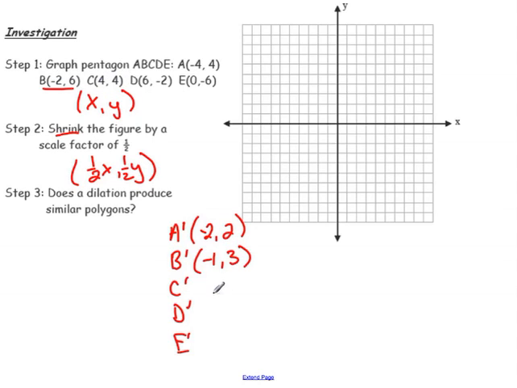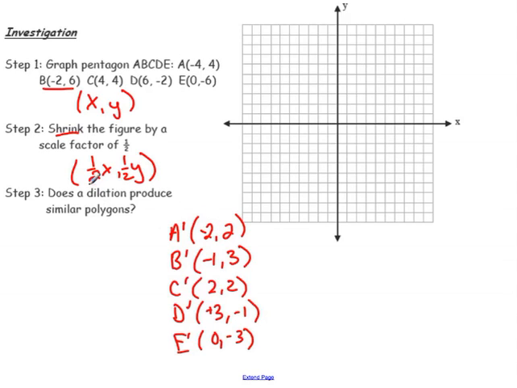This was 4, 4. Half of that would be 2, 2. 6 and -2 becomes +3 and -1. And 0, 6, half of 0 is still 0. -6 becomes -3. When I shrink these, and I draw this, it's just going to be a smaller rendition of the original shape. So we could graph this, and these are going to have the exact same angles.